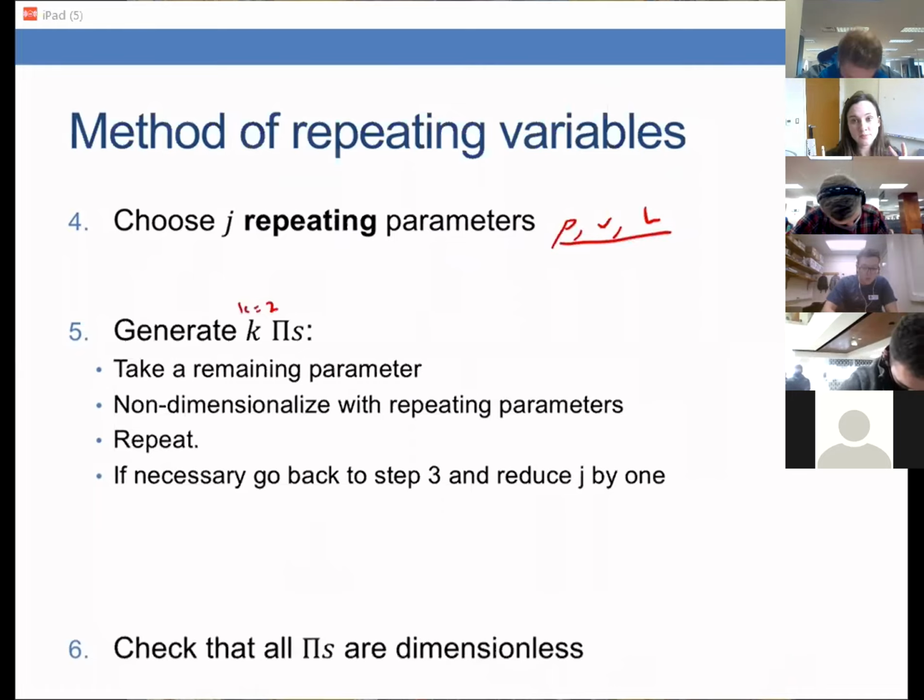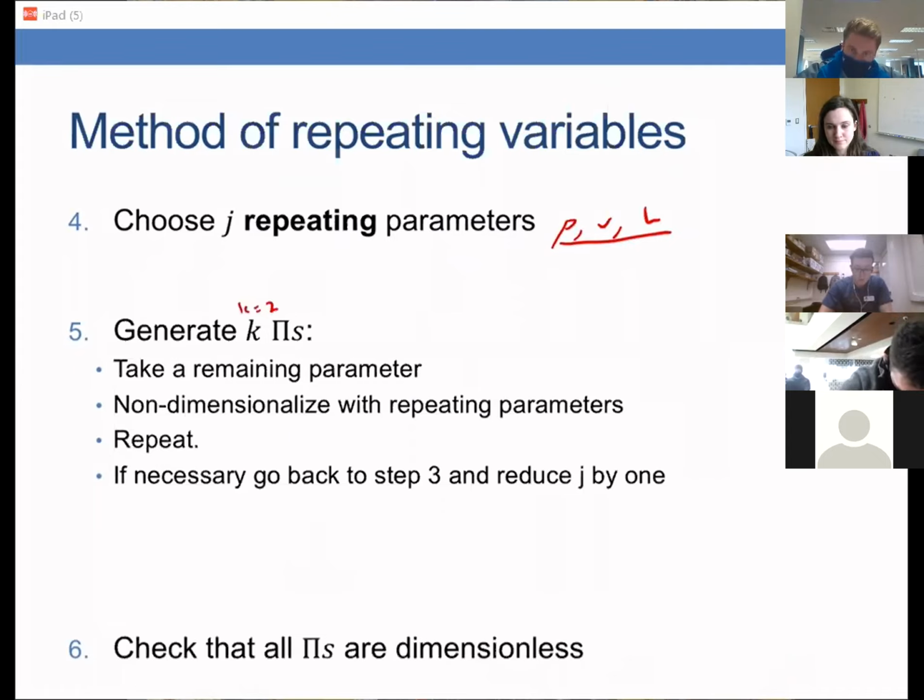What were the 2 parameters that are left over? Drag force and viscosity. Yeah, drag force and viscosity.